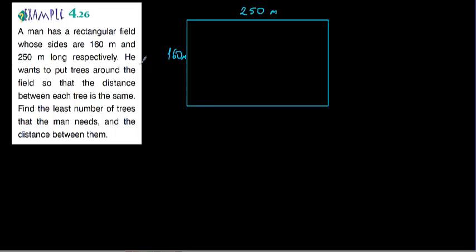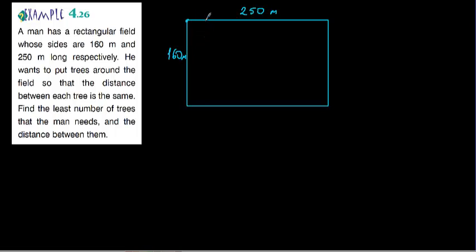Then he wants to put trees around the field so that the distance between each tree is the same. Find the least number of trees that the man needs and the distance between them. So we are going to find the distance between each tree and how many trees we need for this field, and we are looking for a number that is divisible by 250 and 160.